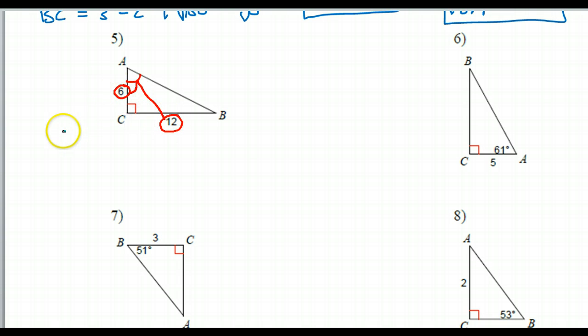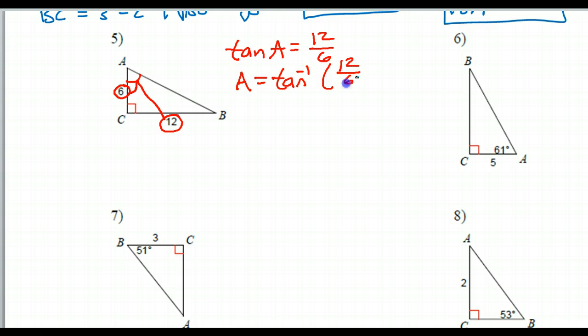Opposite and adjacent, that's the tangent function. So I'm going to go tangent of angle A is equal to 12 over 6, opposite over adjacent. That means angle A should equal the inverse tangent of 12 over 6.